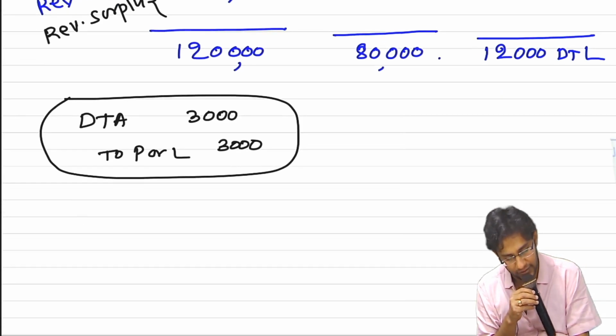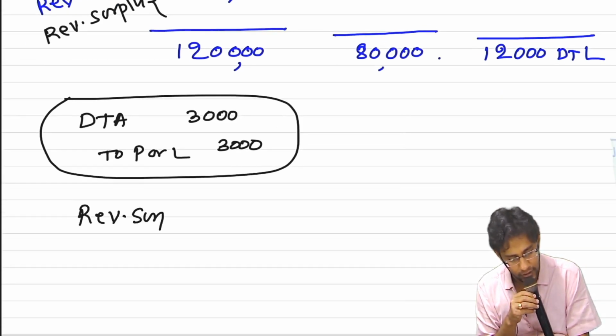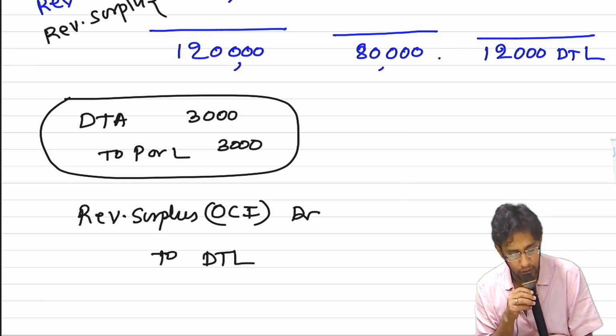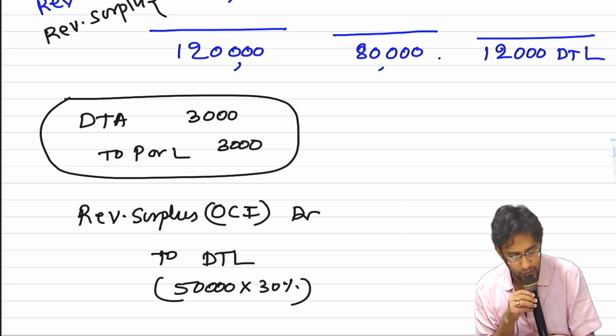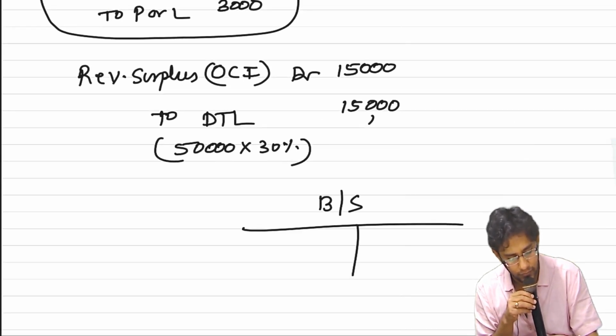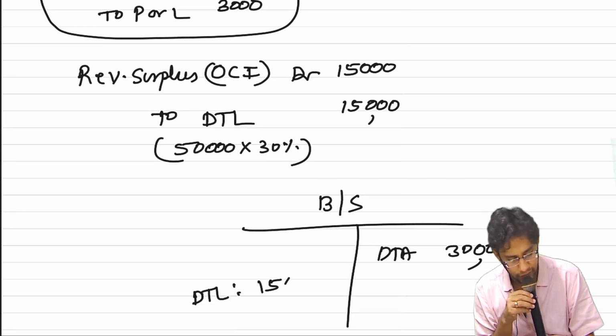The entry for this will be revaluation surplus in OCI debit to DTL, 50,000 rupees into 30% is equal to 15,000. In the balance sheet, you will have a DTA of 3,000 and DTL of 15,000.